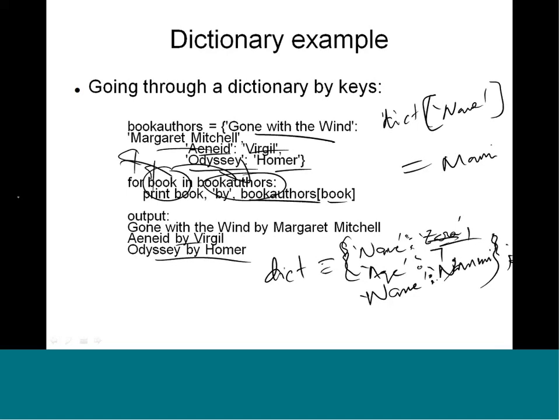The Zara name is gone, it only retains Manny, because that's its last updated value. So if a key is duplicated, it just overwrites the previous value with the new value.